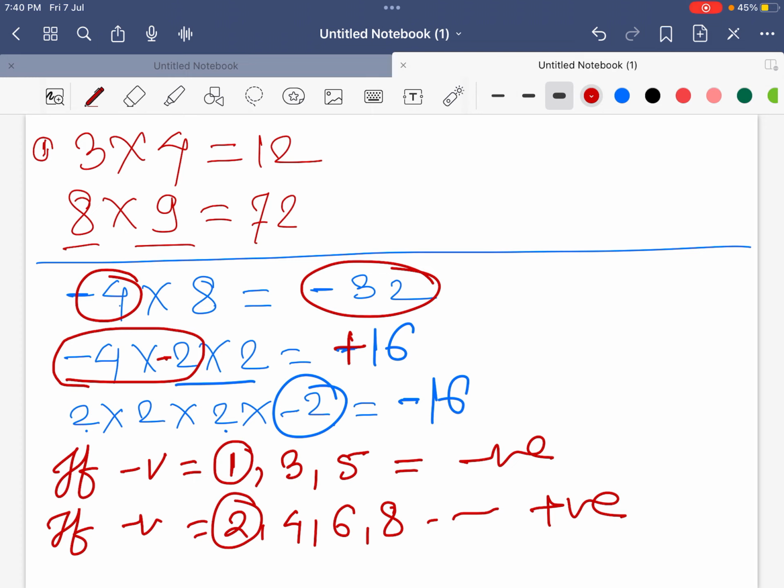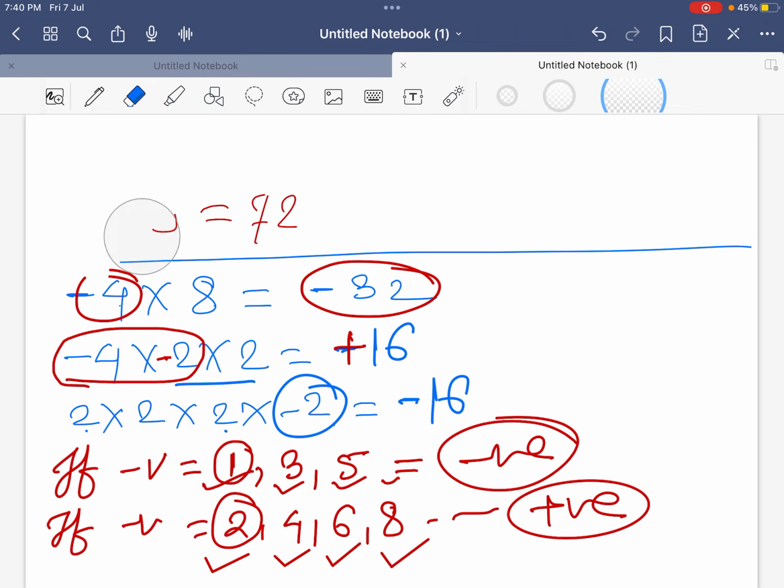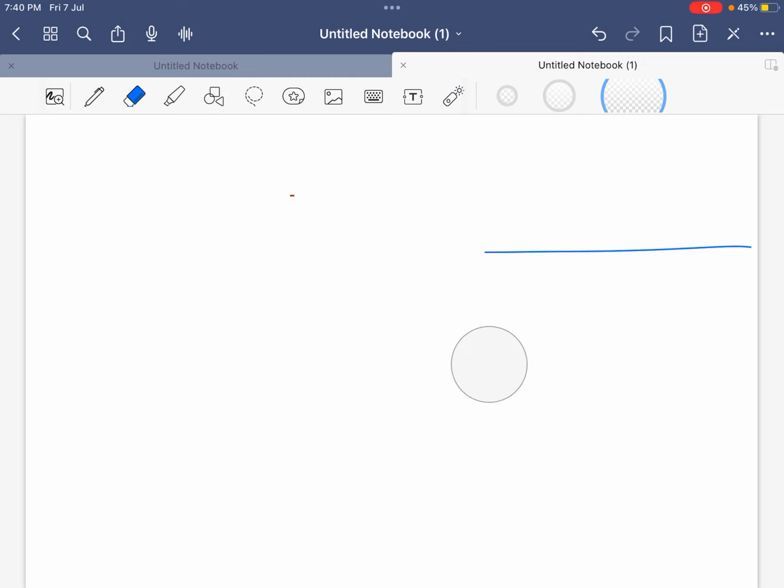So you have to keep in mind, if the number of negative signs is 1 or 3 or 5 or 7 like this, then your answer is negative. And if the number of negative signs is 2, 4, 6, 8 or like that, then your answer is always positive. Clear? So likewise we have to solve it. So this is the first method, or the first way, to calculate the answer or multiply the numbers.